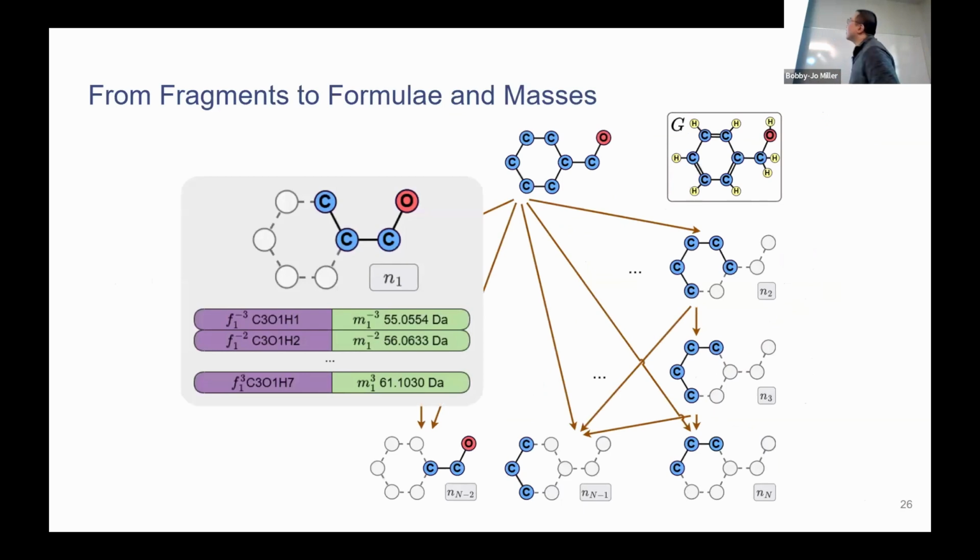Okay, so let's take an in-depth look at what is actually inside each node. As I said in the previous slides, each node also comes with a hydrogen tolerance. What does that mean? For every single structure here, there is its original hydrogen count.